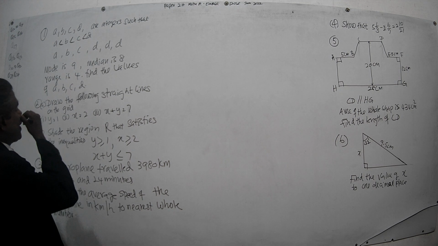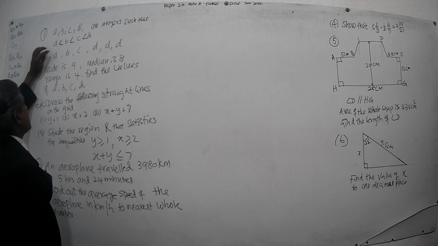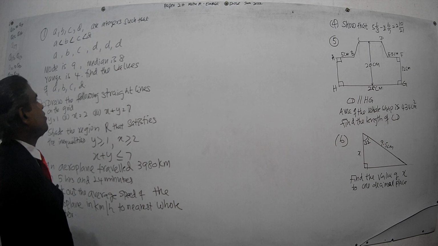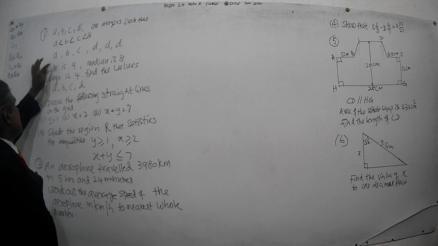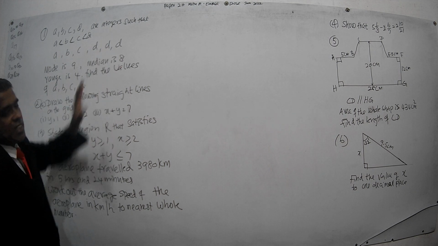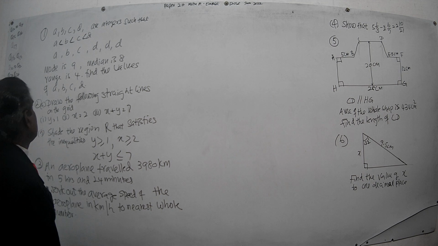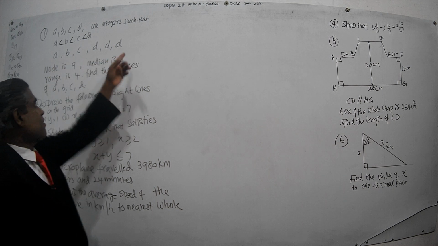Now they have given some integers A, B, C, D, D, D. This is like, let's say, 2, 3, 4, 5, 5, 5. They are not the actual values, this is just a set of integer values.